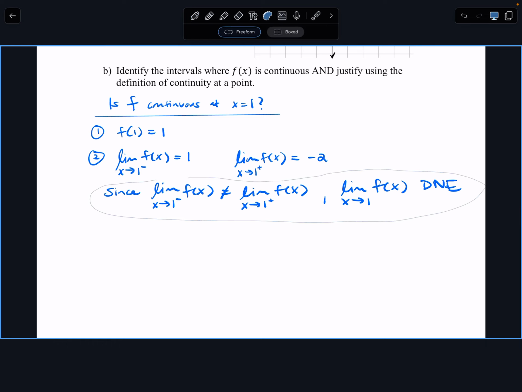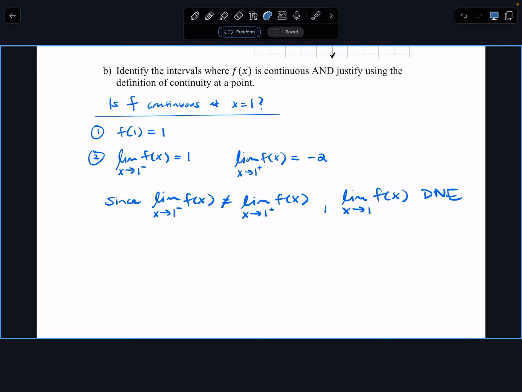I don't remember if it was on the most recent assignment, but you can't just say limit as x approaches 1. You have to say what you're taking the limit of. Because this is a piecewise function, you can just reference f of x, since f of x has been defined on the page. You don't need to write out the rule again.